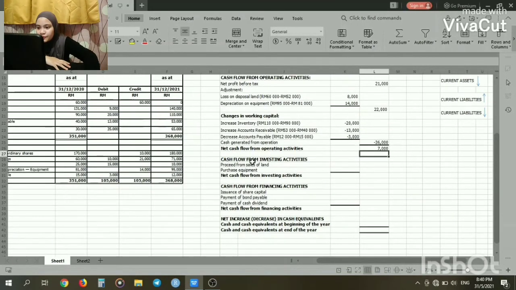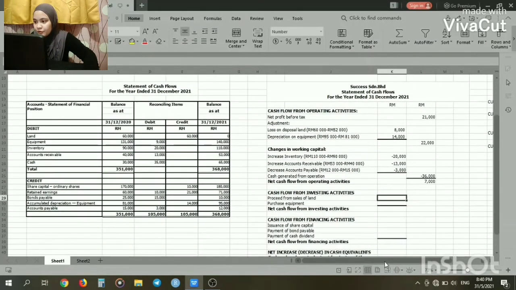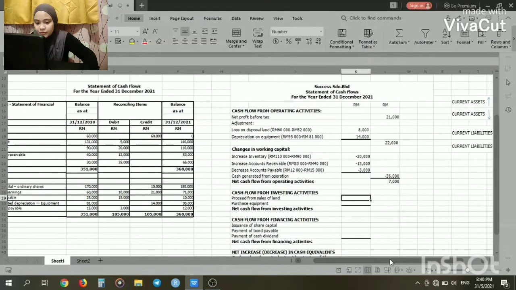Alright, we move on to cash flow from investing activities. We need to keep in mind that in investing activities, all the non-current assets will be the figures for this section. For proceeds from sales of land, we took the amount from the information given, which is 52,000.